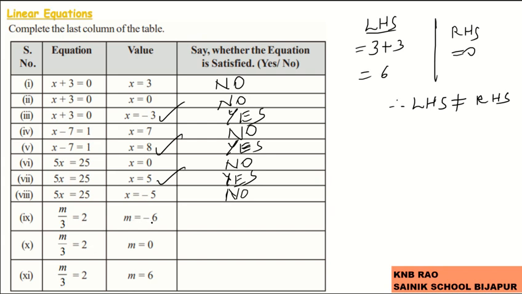When m equals minus 6, minus 6 divided by 3 gives minus 2, and minus 2 cannot be equal to 2, this is no. When m equals 0, 0 by 3 is 0, and 0 cannot be equal to 2, therefore it is no. M divided by 3 equals 2 where m equals 6, 6 divided by 3 gives 2, 2 equals 2, it is satisfying, so therefore yes.